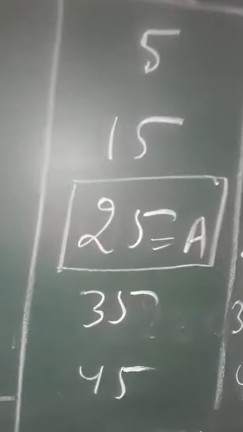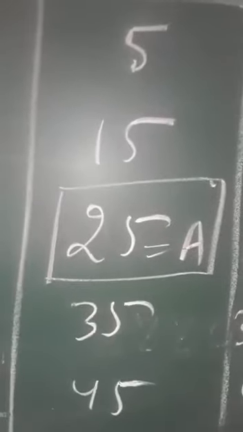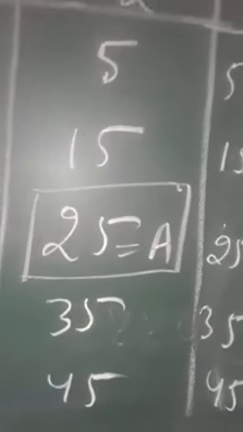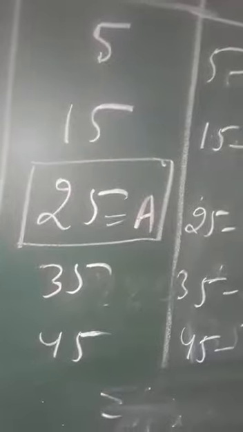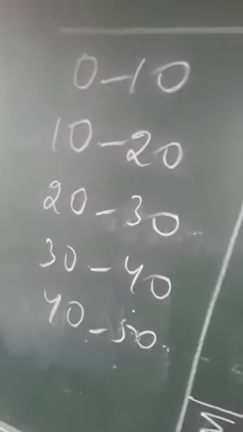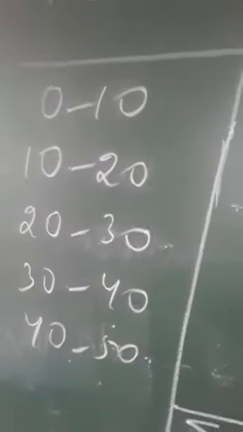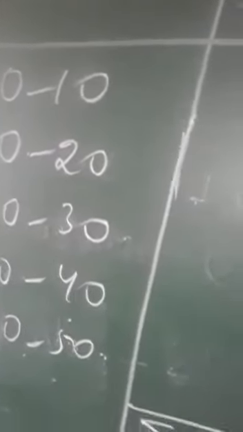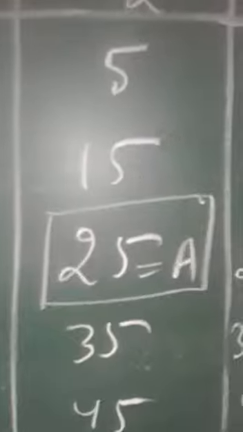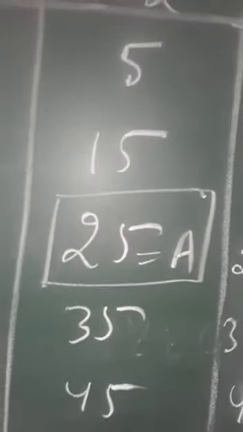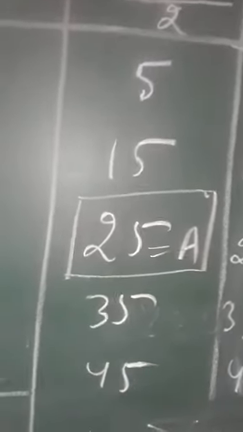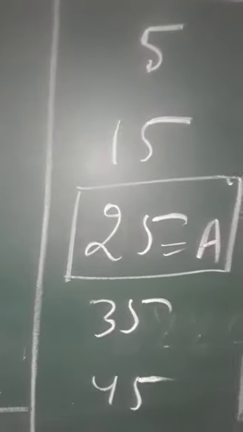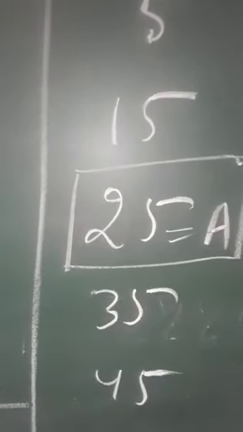Since we have obtained the first class mark as 5, for the next class interval, that is 10 to 20, you do not need to add 10 and 20 and divide by 2. You can simply add the class size to 5 to get the next class mark, that is 15.